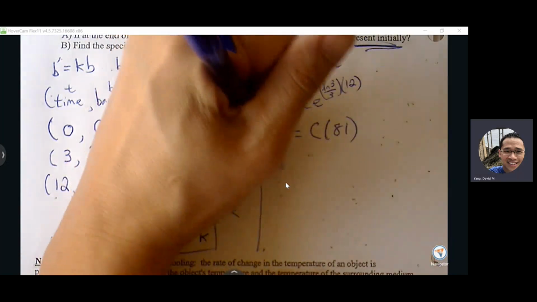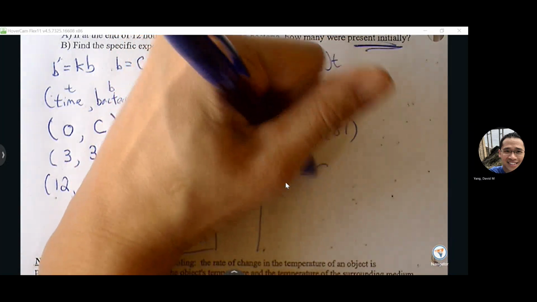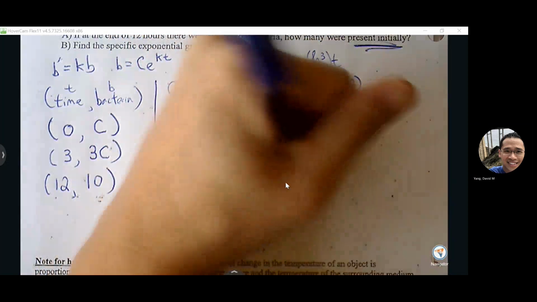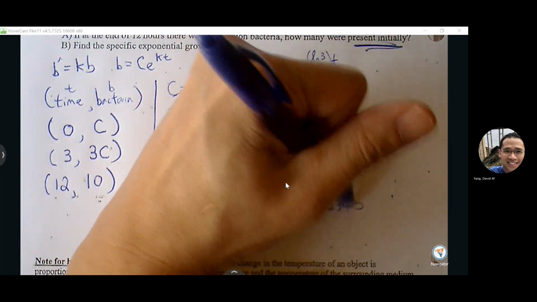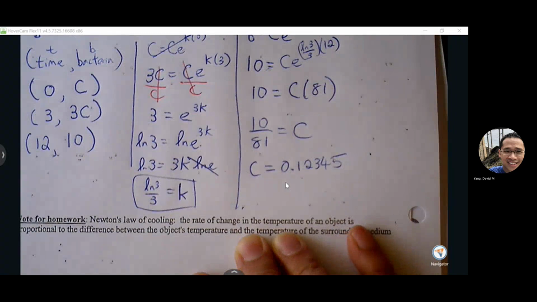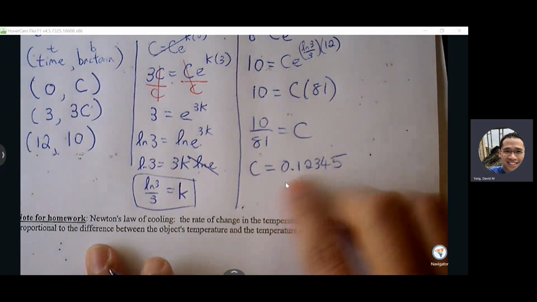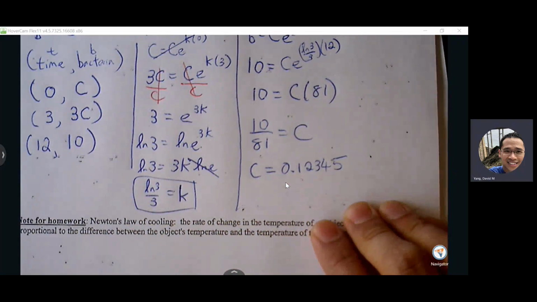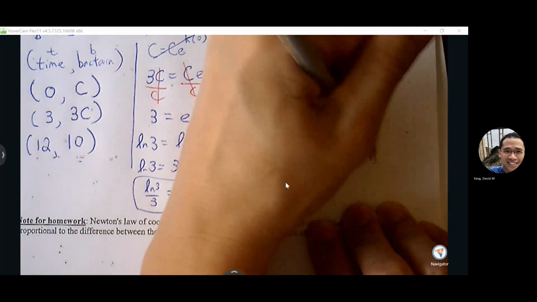Divide both sides by 81. But we know that this is in terms of what? Billions, right? So I need to multiply this by.